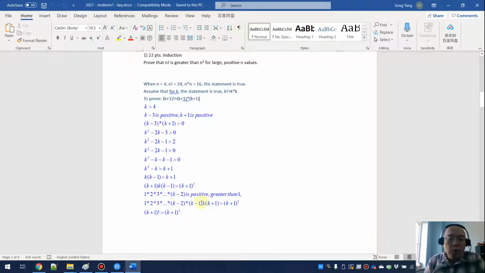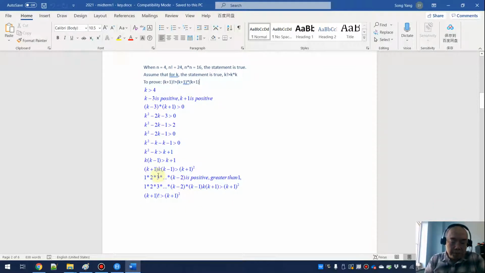Okay, so why do we want to stop here? On the left side, those are the first terms of the k plus 1 factorial. We have k plus 1 multiplied by k multiplied by k minus 1. And we can prove that for those three terms of the k plus 1 factorial, the product of those three terms is already greater than k plus 1 squared.